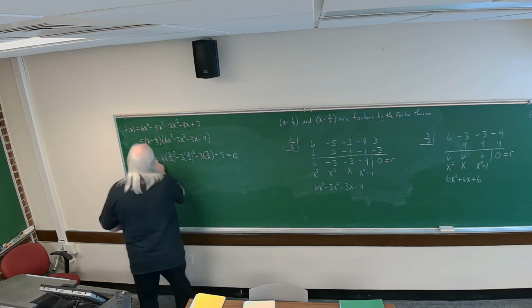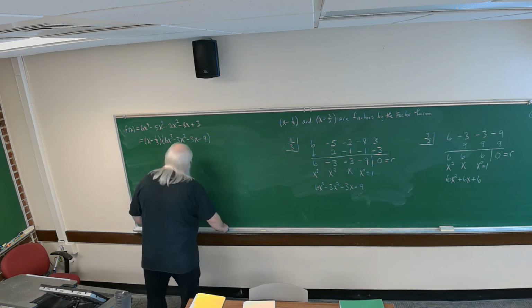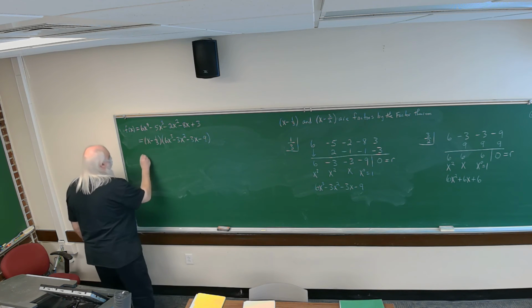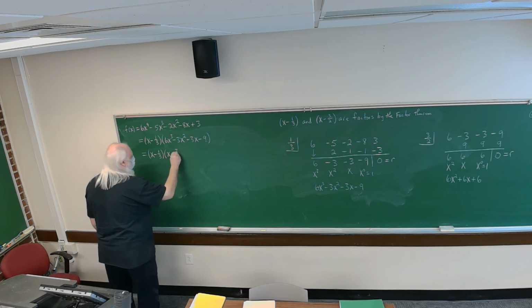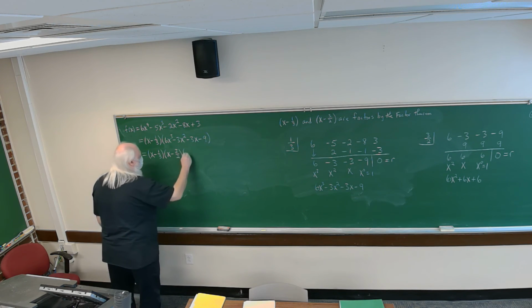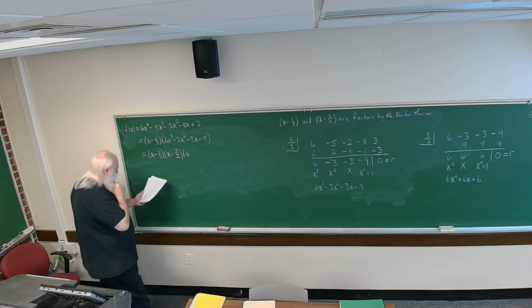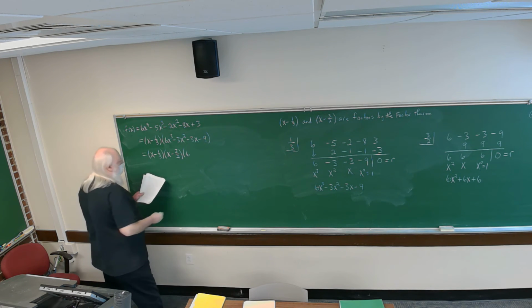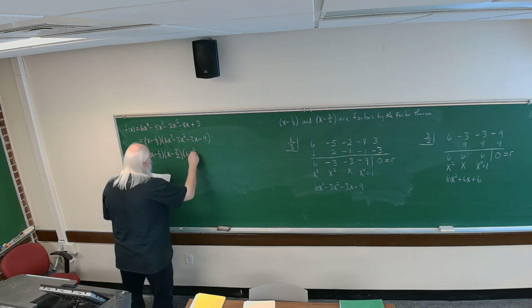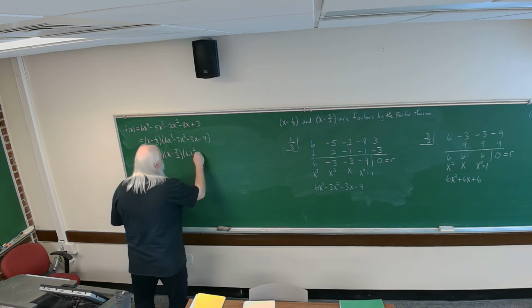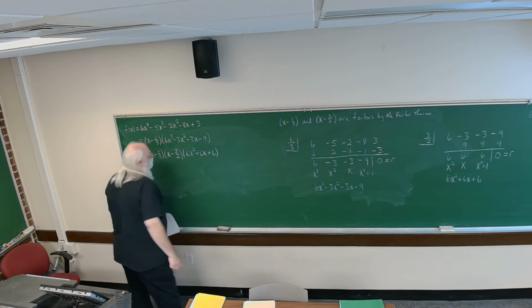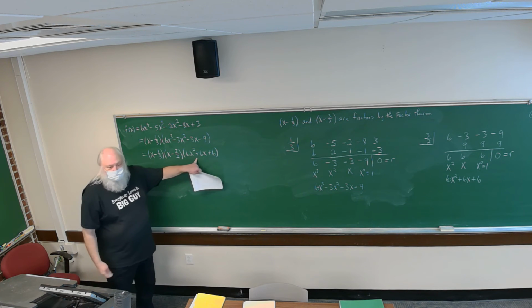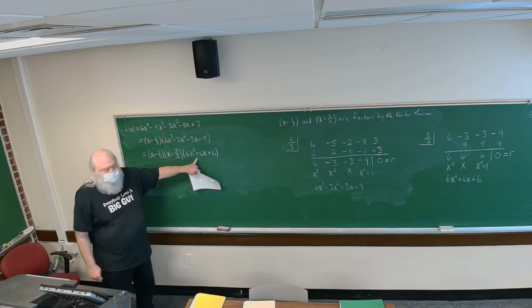So over here, our fourth degree polynomial can be written as x minus 1/3 times x minus 3 halves times 6x squared plus 6x plus 6. Now in this, we're going to set this equal to 0 and solve for x.